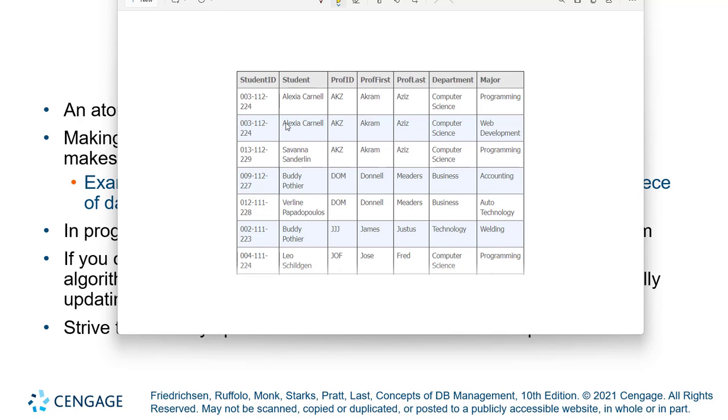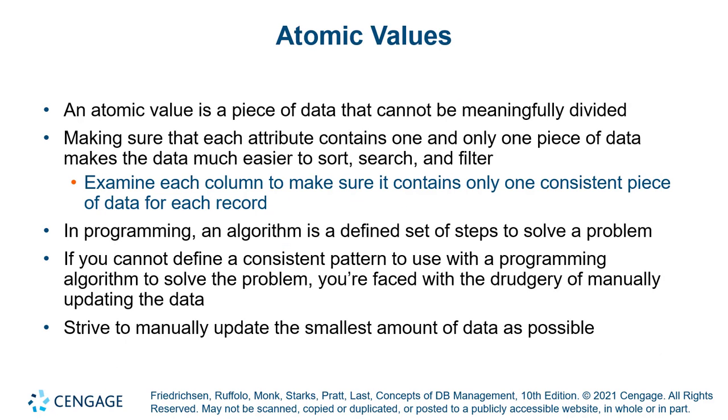If you guessed student, you'd be correct, right? In our student column, we have the student's name, first and last name. Well, that's not an atomic value because we can separate that into 2 different columns, 2 different attributes, first name and last name. By having their full name together, it is not an atomic value because we are able to break it down even further.